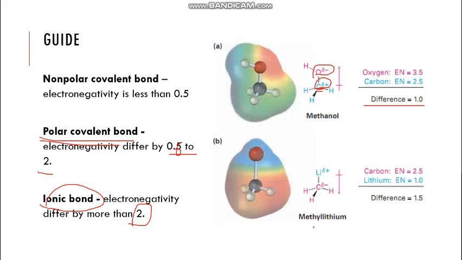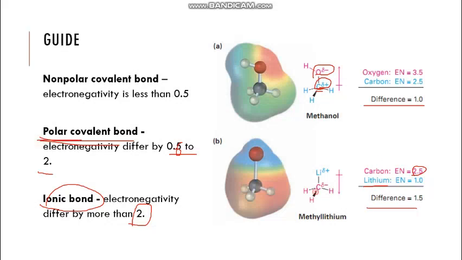Okay? Sa methyl lithium naman, carbon is more electronegative kaysa sa lithium natin. And as you can see, yung difference nila is 1.5. So this bond is considered as polar covalent bond.